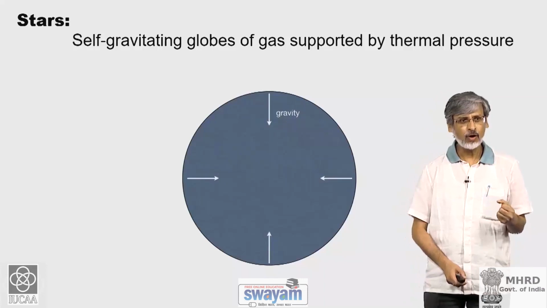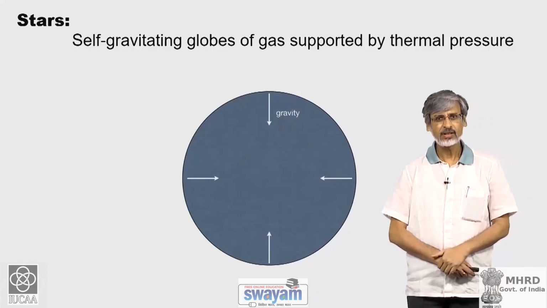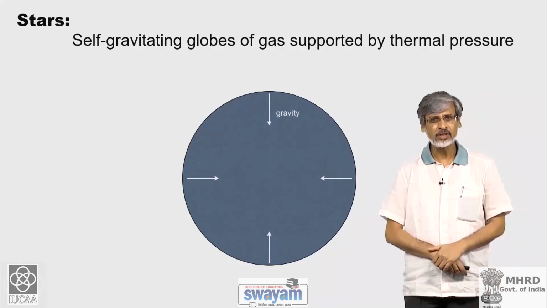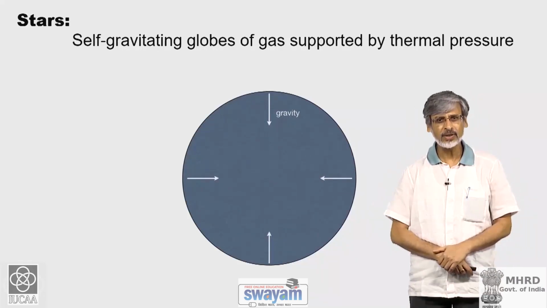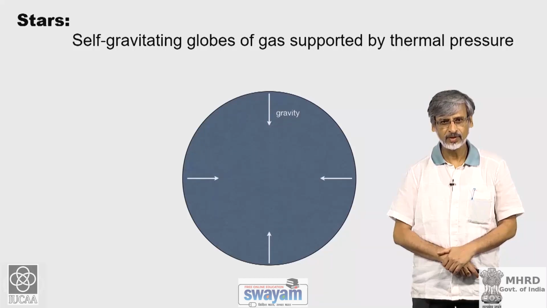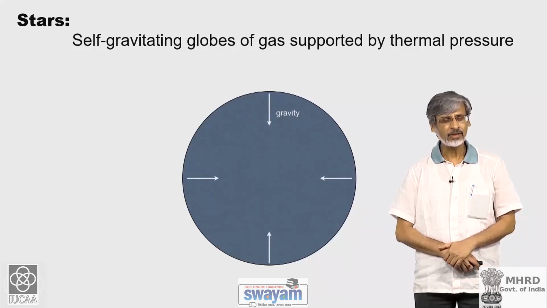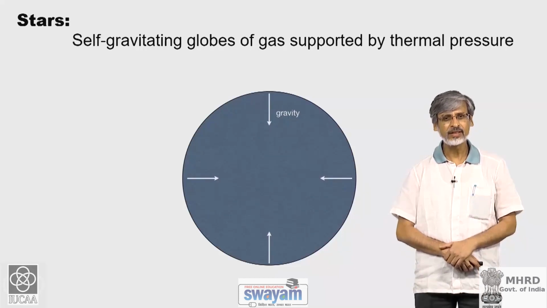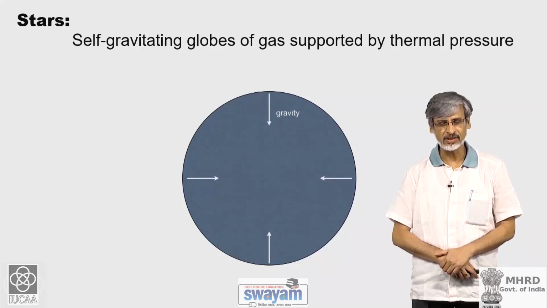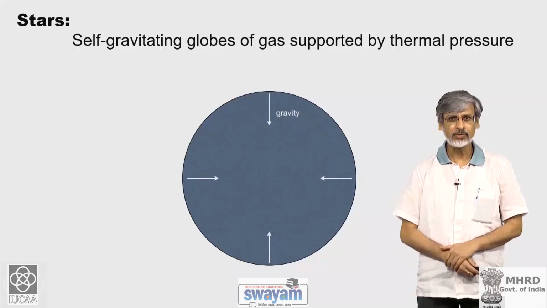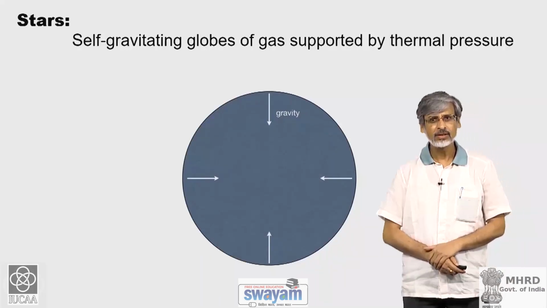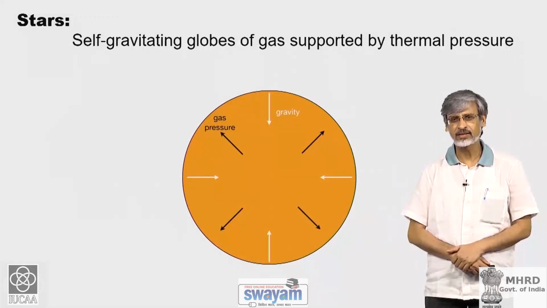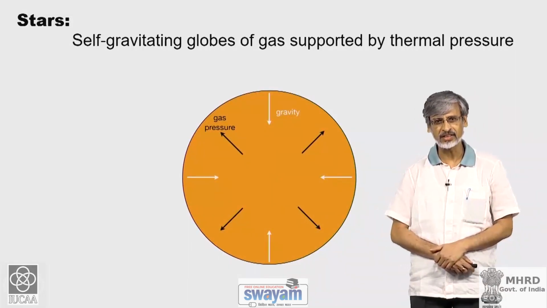Unless there is an opposing force, this gravitational force will tend to squeeze the object to nothing, to a point. But matter always tries to find an opposite force, and in case of regular stars that we see in the sky, this opposing force comes from thermal pressure of the hot gas that the material contains.